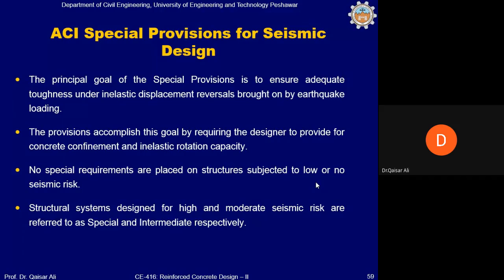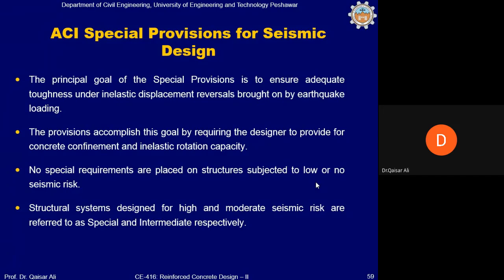Okay, how shall this be done? This will be done by analyzing the frame for gravity load separately and then for lateral load separately, and then by combining these two actions at the specified locations according to the code combinations. And once the combined values are obtained, then the reinforcement shall be provided against all these combined bending moments in the same manner as we have done in the previous several lectures.